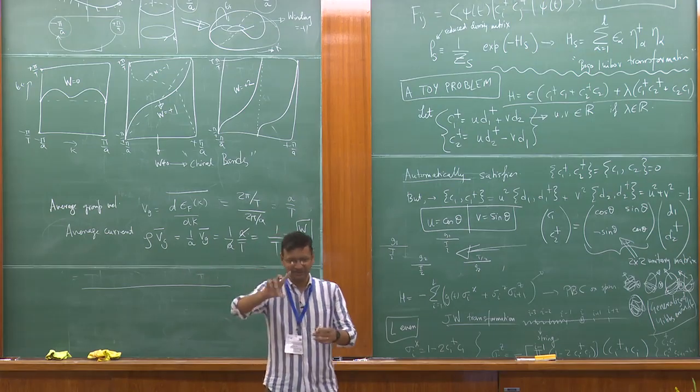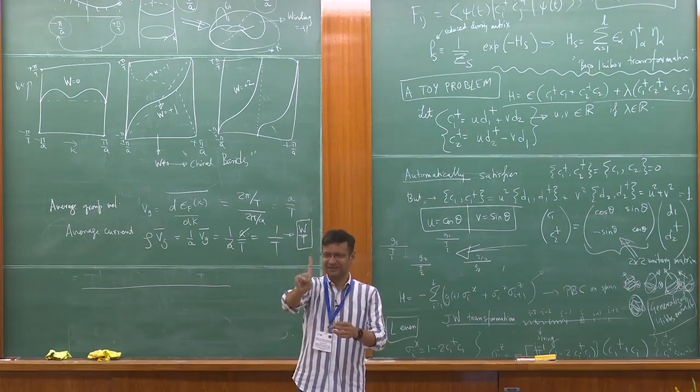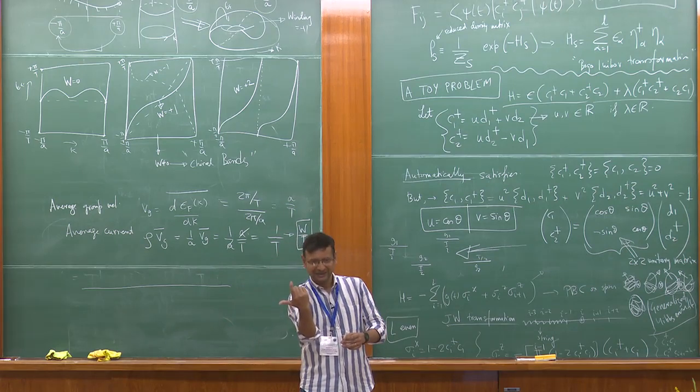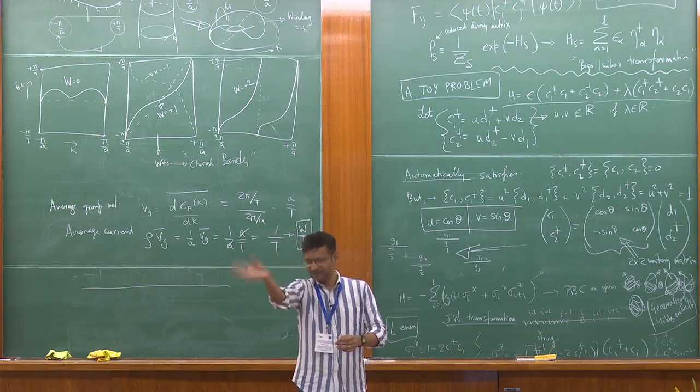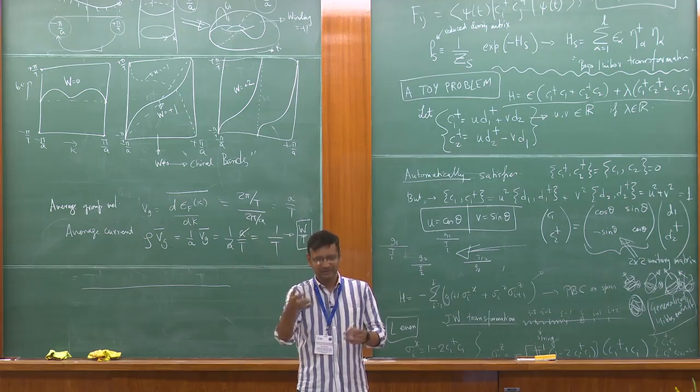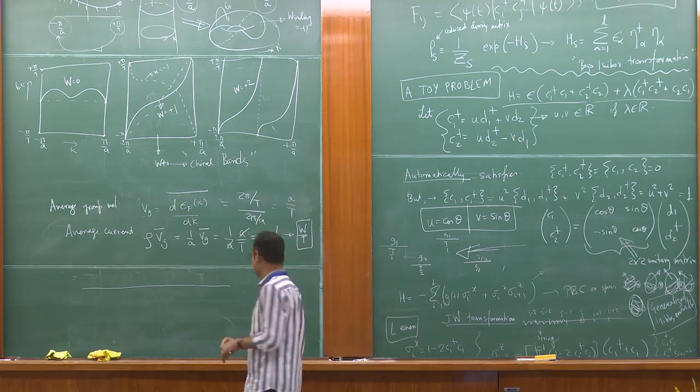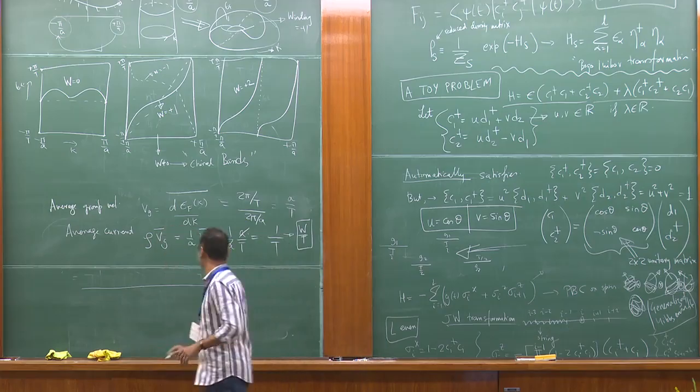Stroboscopically is like one time period. The blade may be doing this, but after one stroboscopic time, it has come back to where it was. Then after another stroboscopic time, it has again come back to where it was. So if you just look at stroboscopic times, how do you distinguish whether the blade of the fan was moving or just stationary? So in certain cases, micromotion is very important.